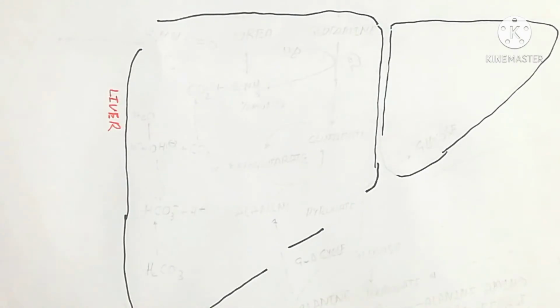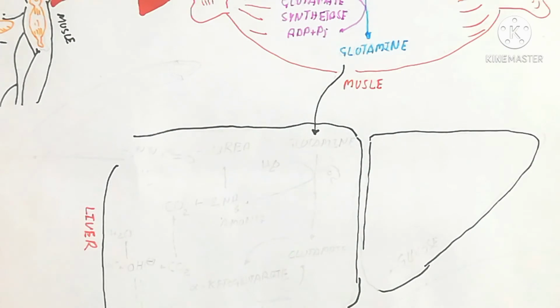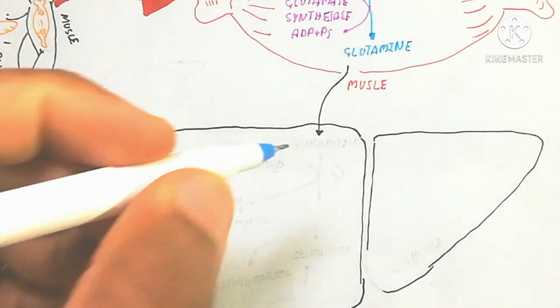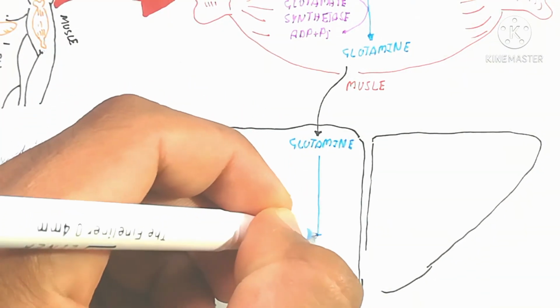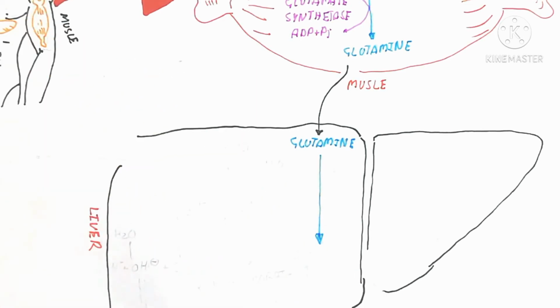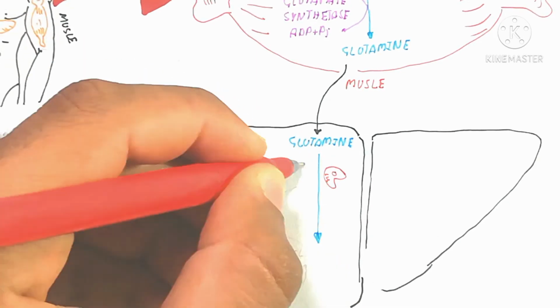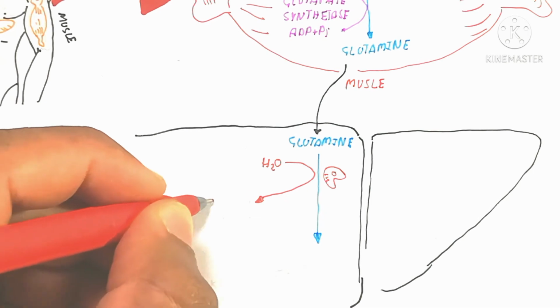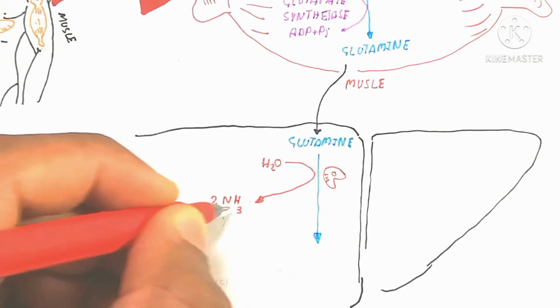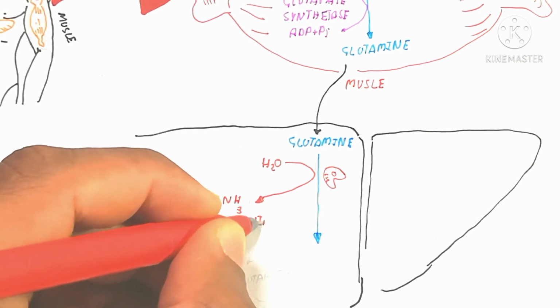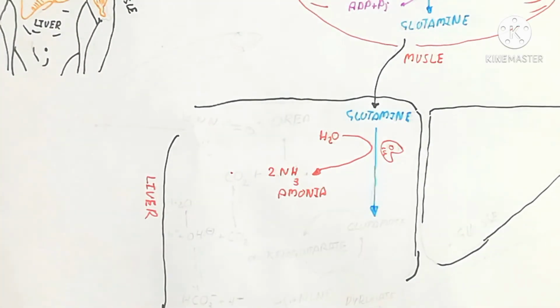Here I am drawing the liver, which contains glutamine that comes from the muscle. It is activated by the enzyme, and water will be absorbed to produce ammonia, and two molecules of ammonia convert into urea.